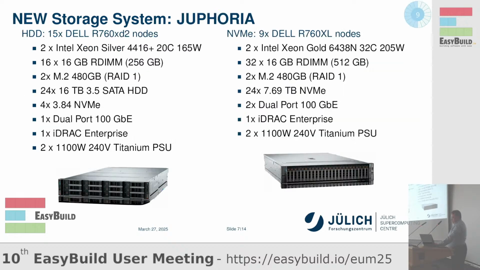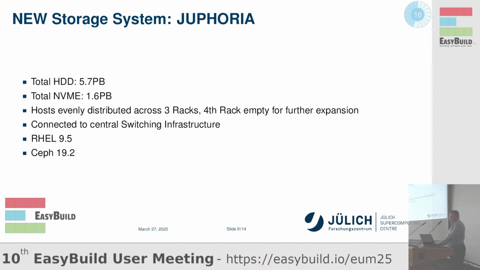The new one is based on Ceph, and here we will also have different tiers of storage. We will have HDDs for large capacity, and then NVMes for the workloads that need the faster storage. So it's also getting a little bit bigger, and the main difference here is that we will use Ceph instead of NFS.